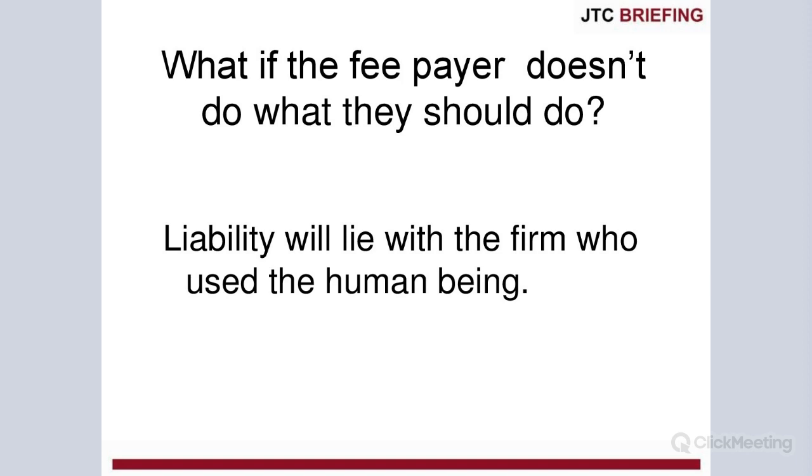So in chains, most of the time you may be the fee payer. You're paying George Canning Limited and he's paying George Canning, and you must apply pay as you earn to the payment to George Canning Limited. Where there's a longer chain in place, you have got to ask the longer chain, are you applying pay as you earn?